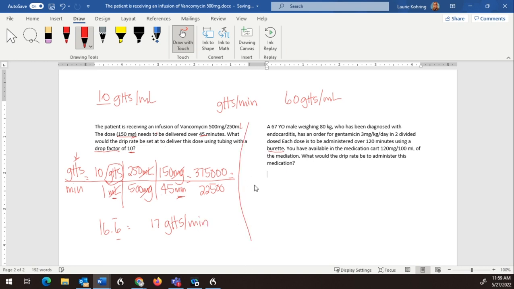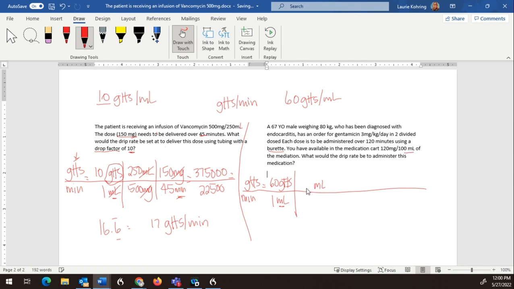Now try to solve this one on your own. Again, we are solving for drops per minute, and I know that because I see mention of a burette, and that burette has a factor of 60 drops per 1 milliliter. I'm going to place milliliters up here, look for it in the question.